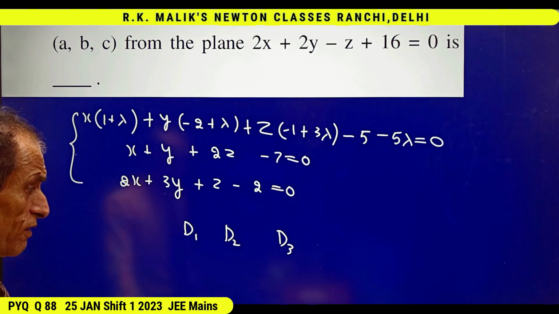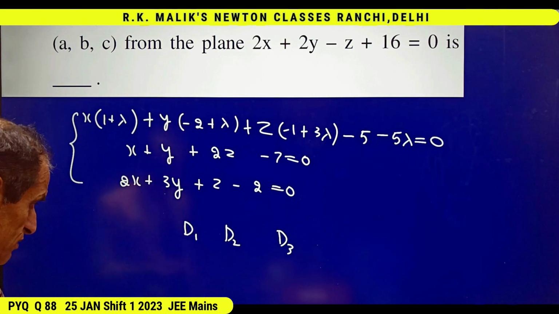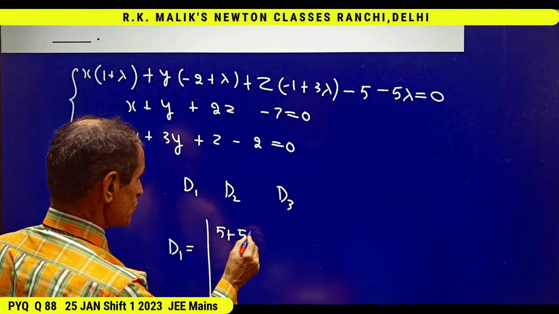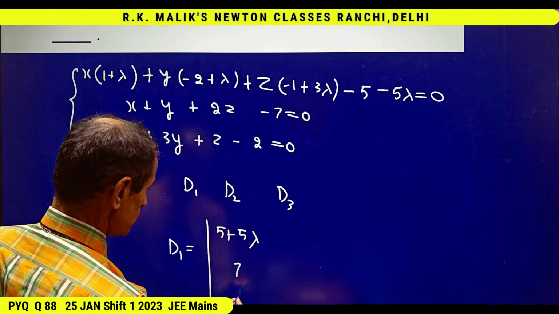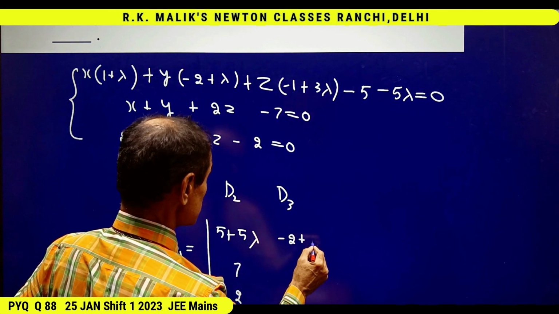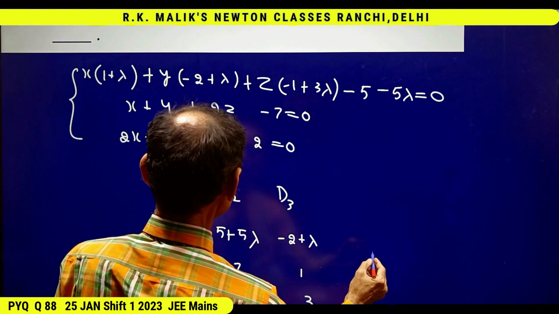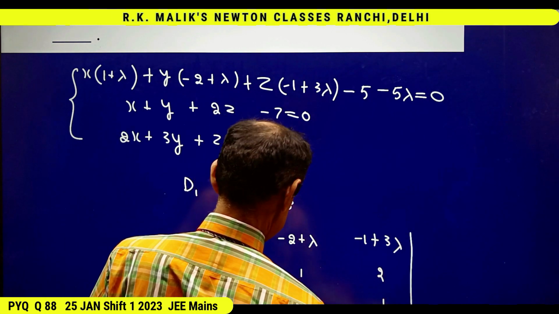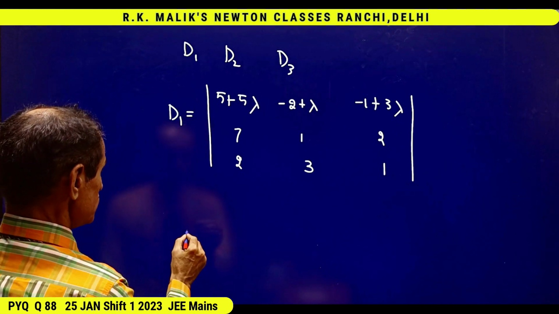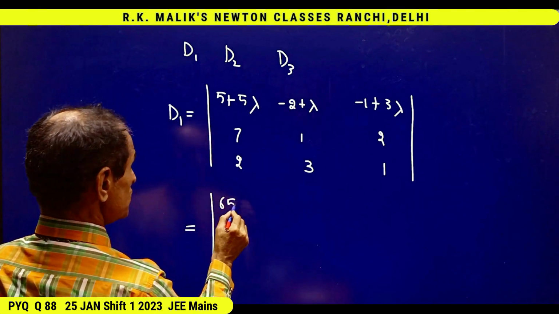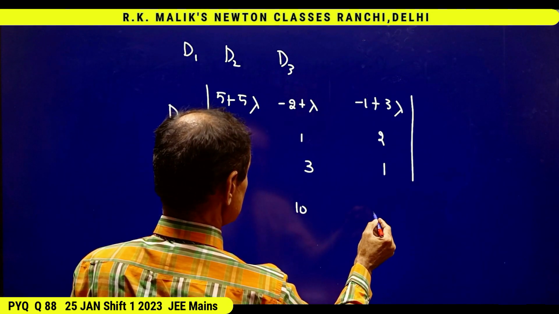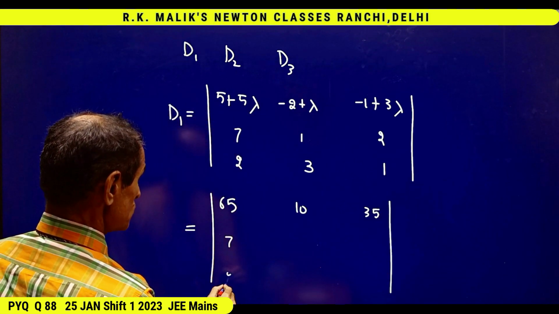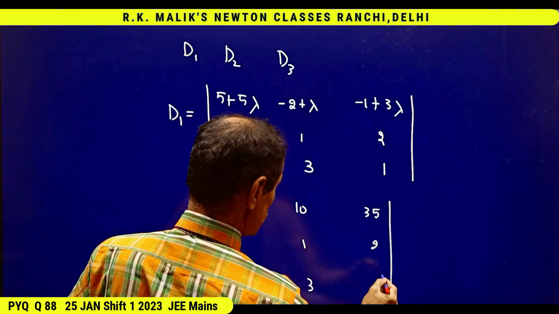And out of D1, D2, D3, it is sure that at least one of them will be surely non-zero. This I know beforehand. Still, for clarity, I am showing it. D1 is equal to, you must be knowing, 5 plus 5 lambda, 7, 2; minus 2, 1, 3; minus 1 plus 3 lambda, 2, 1, and because lambda is 12, this becomes equal to 65, 10, 35; 7, 2, 1; 3, 2, 1.